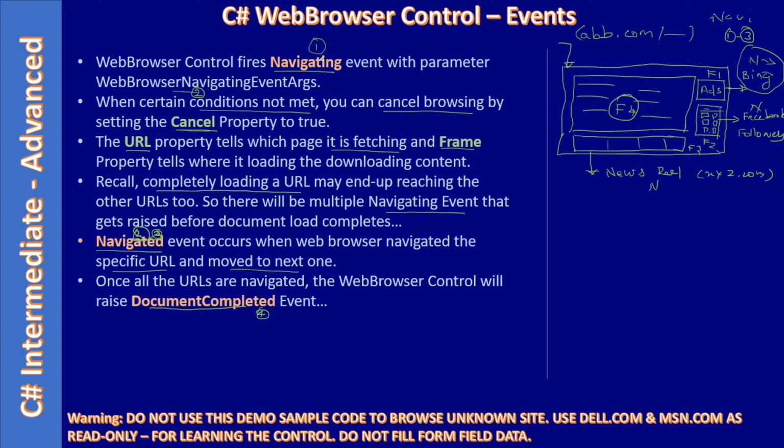So Navigating, Navigated will come in a pair or in a chain based on how many web parts are available in the requested page, or the initial URL given in the address bar of the web browser, or given to the Navigate method.